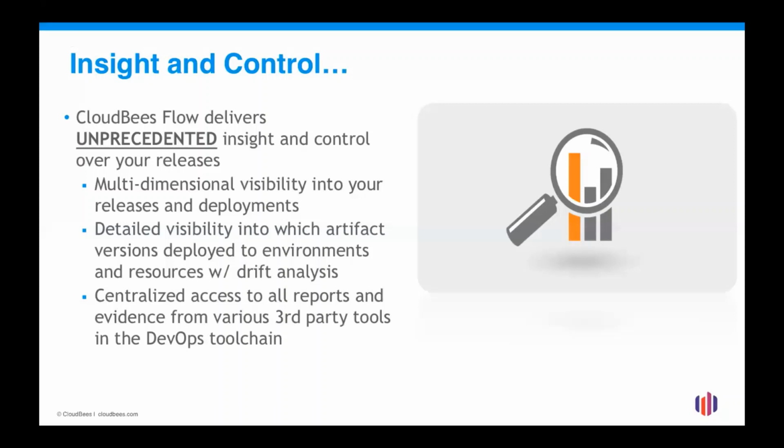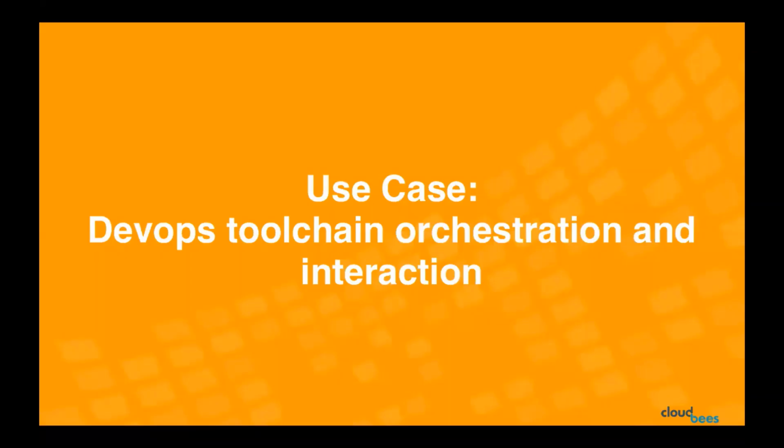I will rely as an orchestrator on the tools that are already implemented or currently in the idea of implementing on my DevOps toolchain. Let me take some example with a use case, a typical use case of a DevOps toolchain orchestration and the interactions that I can define.